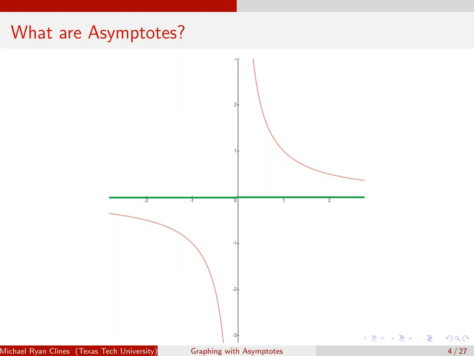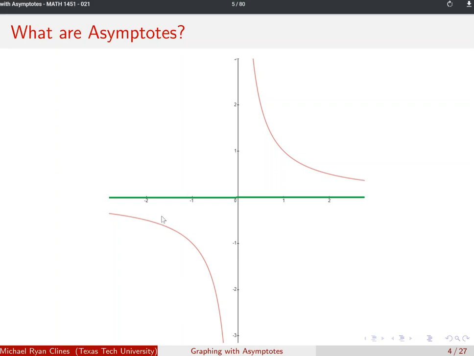Now, there is a very big difference between horizontal asymptotes and vertical asymptotes, besides the fact that one is straight up and down and one's lying flat. A horizontal asymptote is not quite as strong as a vertical asymptote. What I mean by that is a horizontal asymptote, you can actually jump. You can actually hop over it. In this case, the function doesn't. It stays governed down here.